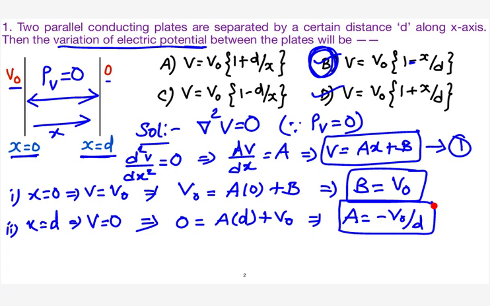Now you can substitute the values of a and b in equation 1. So your V becomes minus V naught by d into x plus the b value, V naught. You can simplify that, it will be V naught into 1 minus x by d. So this is your previous year GATE question.